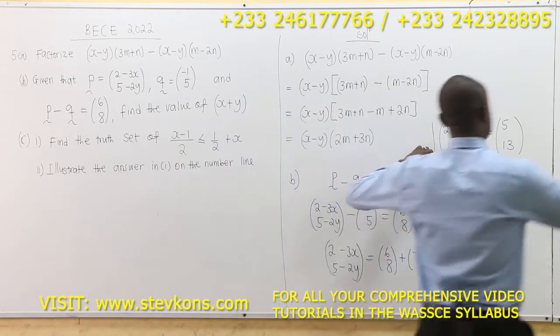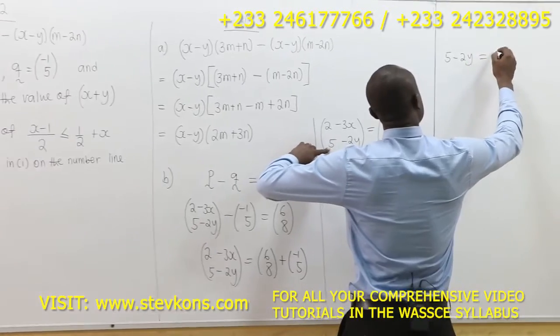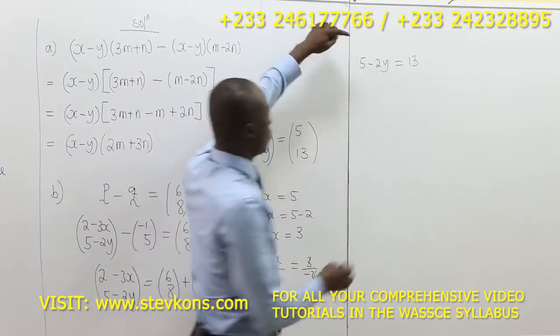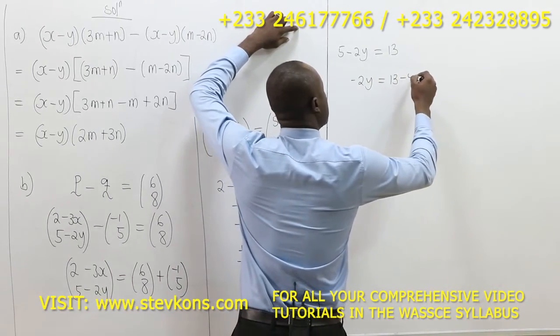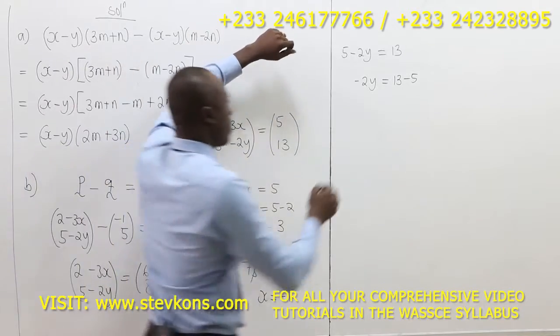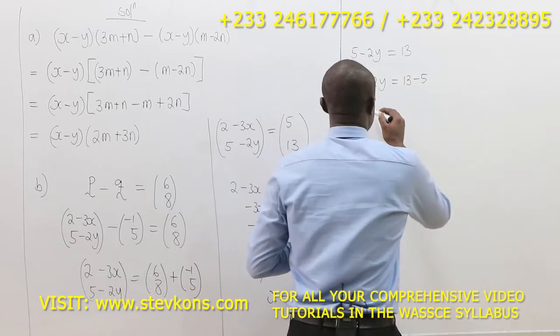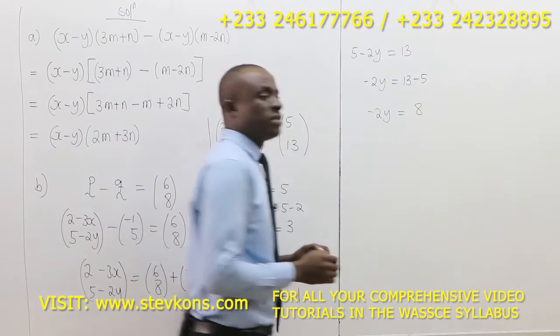And then also 5 minus 2y equal to 13. So we have negative 2y equal to 13 minus 5, since 5 is moving to the other side. That's 13 minus 5, and this is 8.